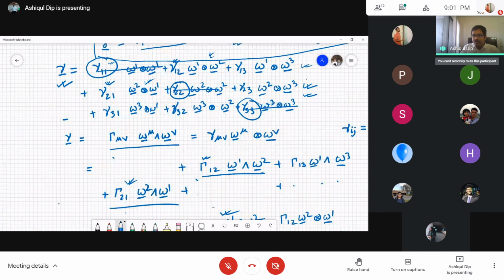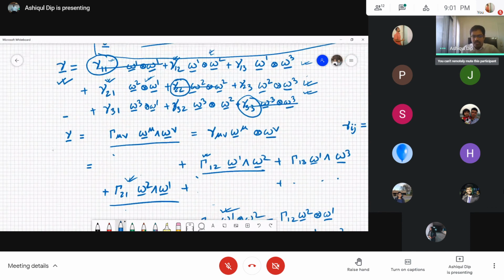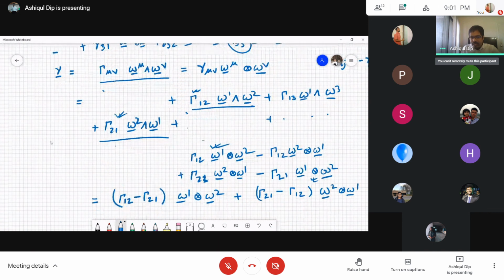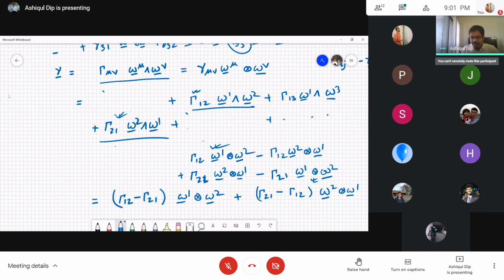So if we compare, when the basis is omega 1 wedge omega 2, what is the component? It's a small gamma, right? It has to be small gamma 1 2, and this thing has to be small gamma 2 1, just like that.